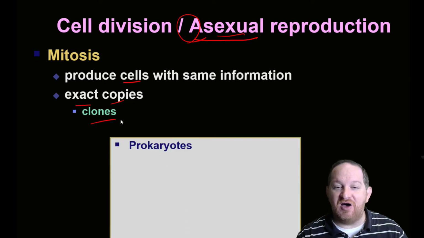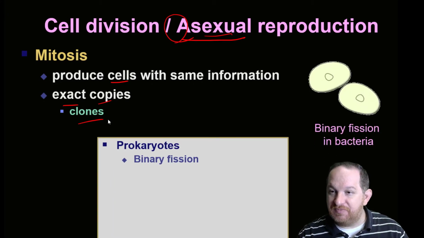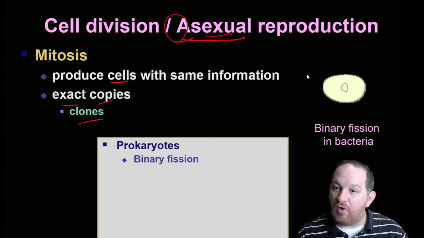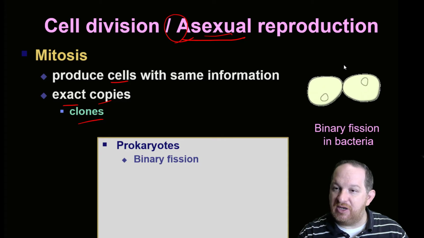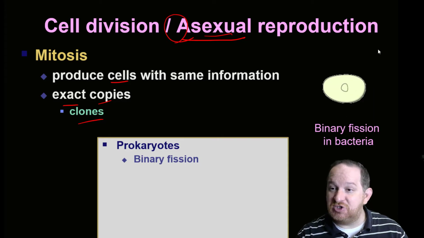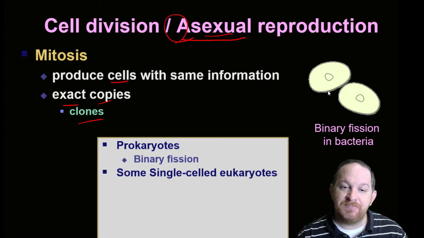And we think of bacteria, prokaryotes. They do this a lot, what's called binary fission. And here's a little GIF, however you want to say it, of that process happening. One bacterium divides and becomes two. Binary fission in bacteria. Each of these is an exact clone of the other.